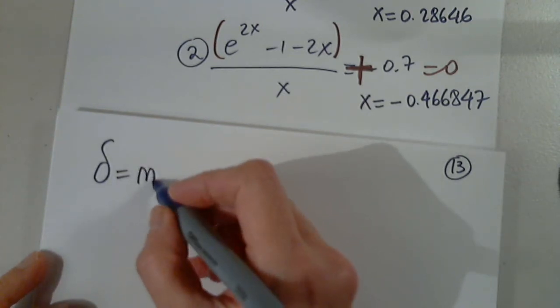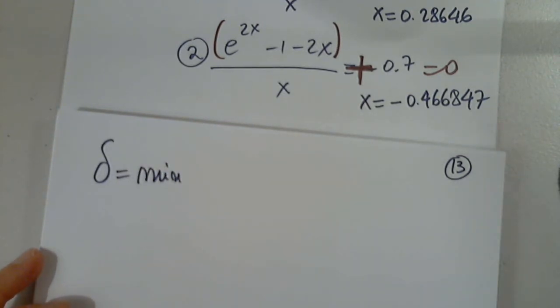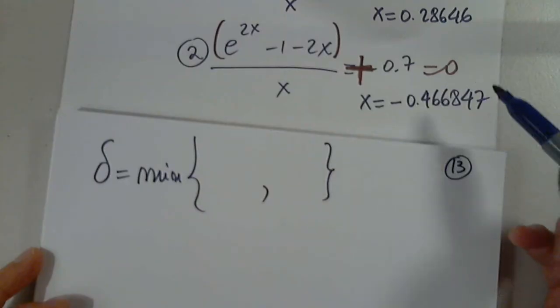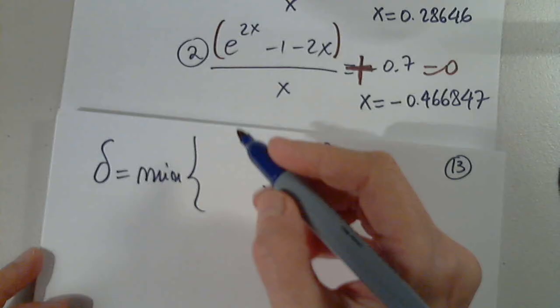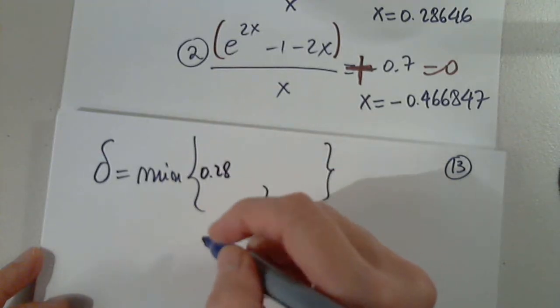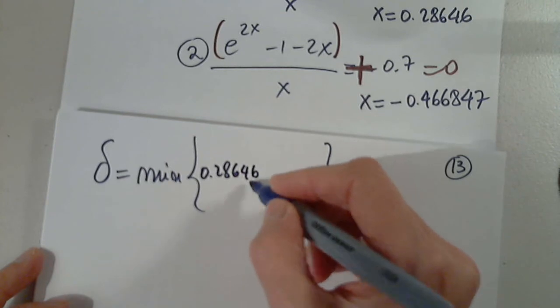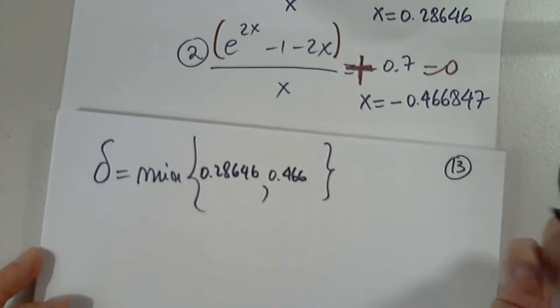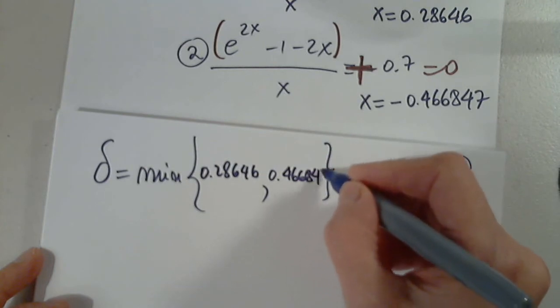So delta is the minimum of the two absolute value numbers. How many decimal digits did they want? Said 3.